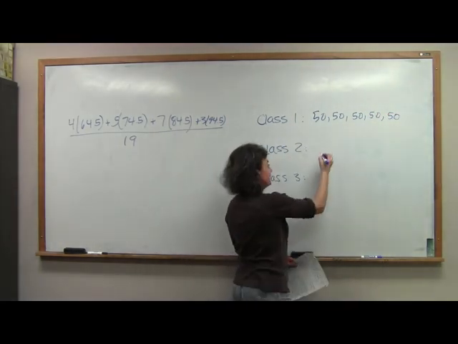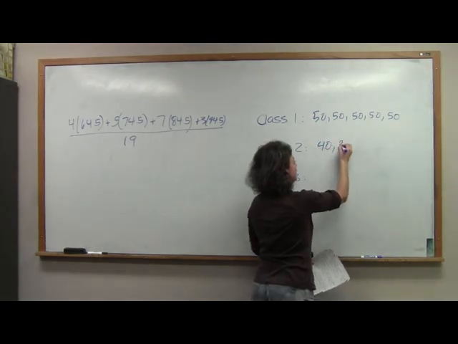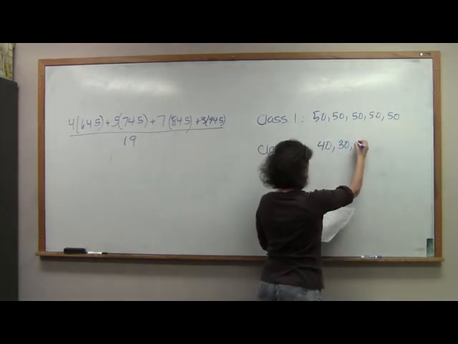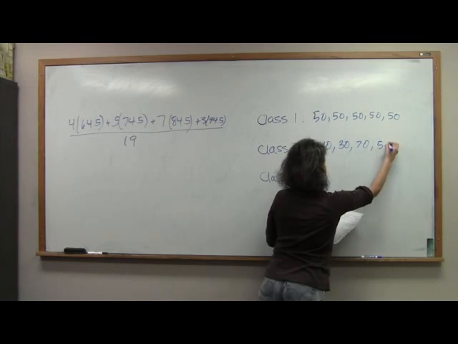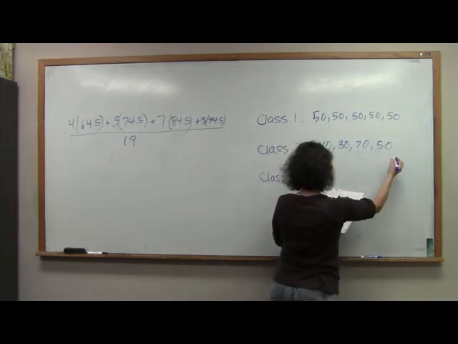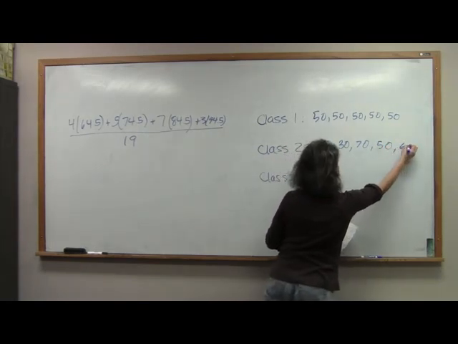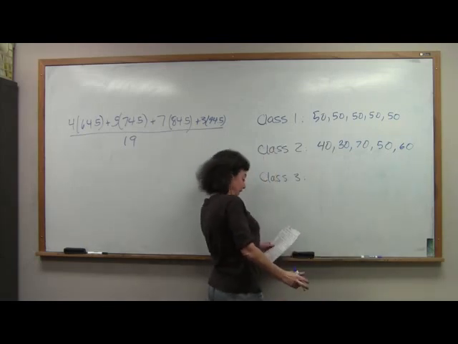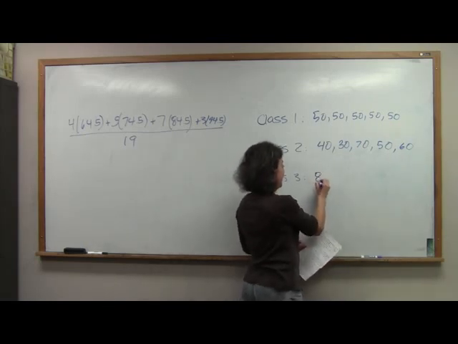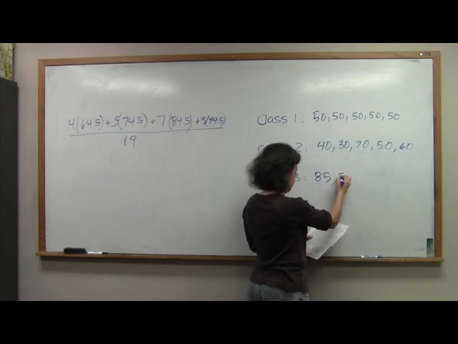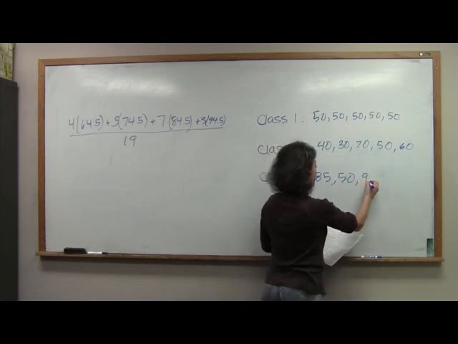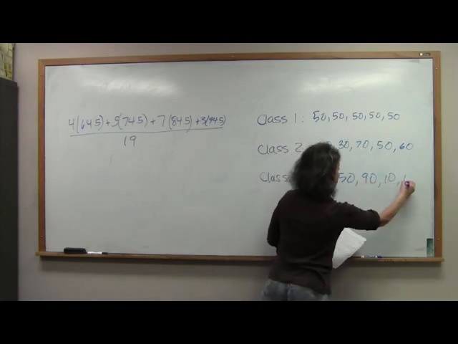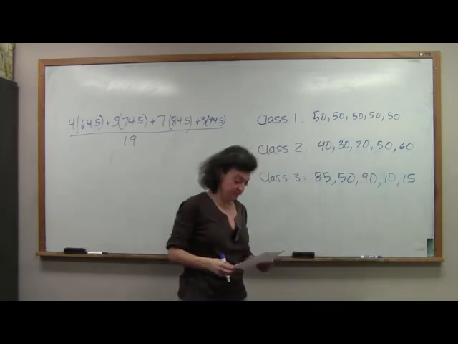Suppose in my next class, there was a 40%, a 30%, a 70, a 50, and a 60. And in my third class, I had an 85%, I had a 50%, I had a 90%, I had a 10%, and I had a 15%.